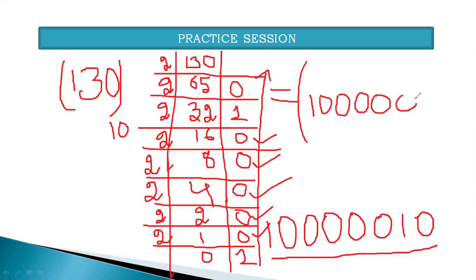So the winner is the person who has given the answer with 5 zeros, followed by 1 0. So the answer is on your screen. You can verify your answer, how you have calculated, and if I am wrong, you can communicate to me also. Otherwise, you can check your answer. According to my side, it is on the screen. This is the correct answer.